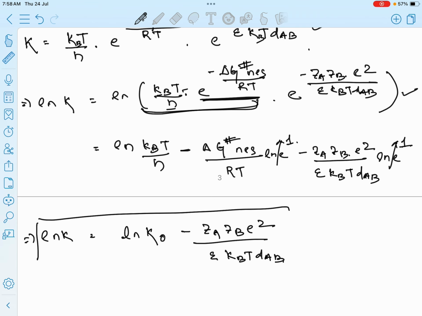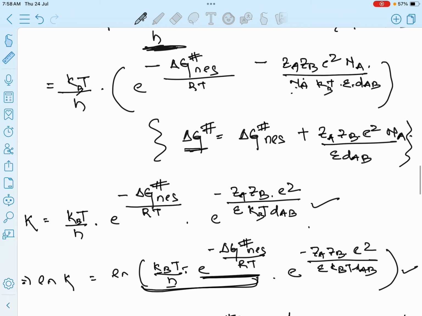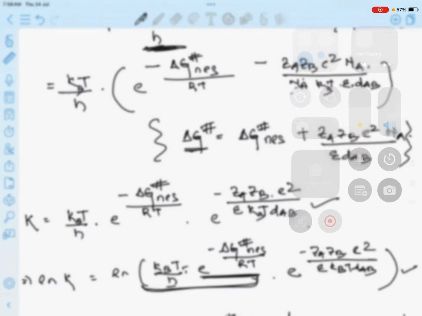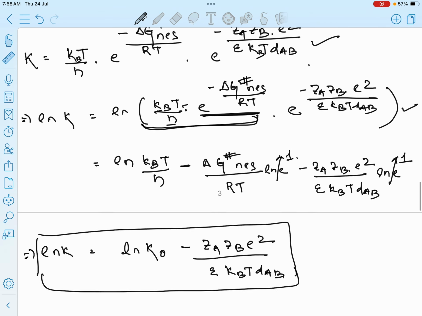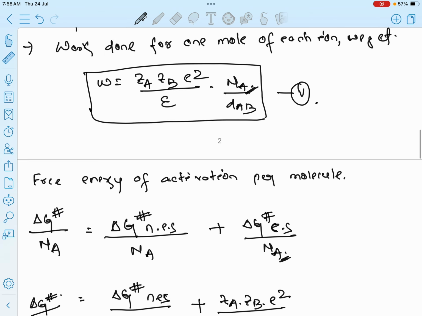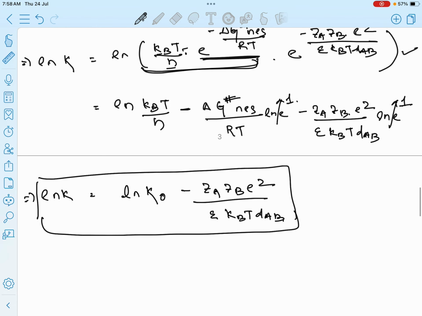This is the first expression which we have derived, and what is the equation number? This is equation number 6.